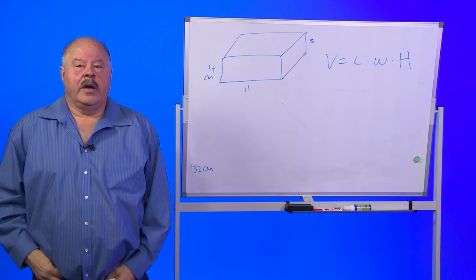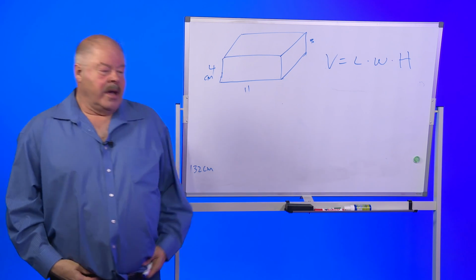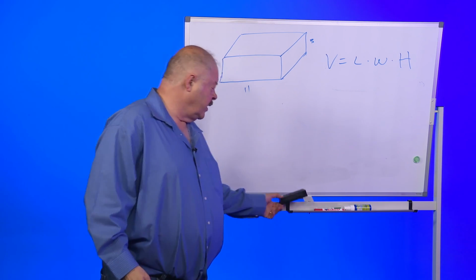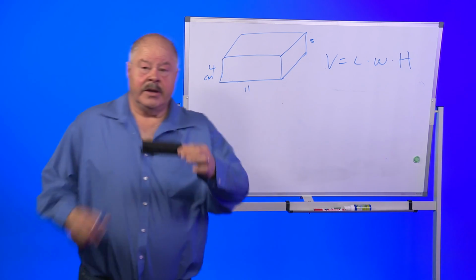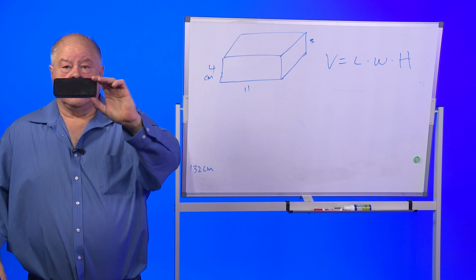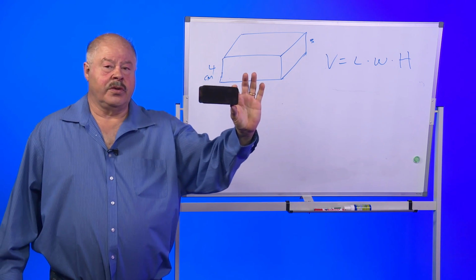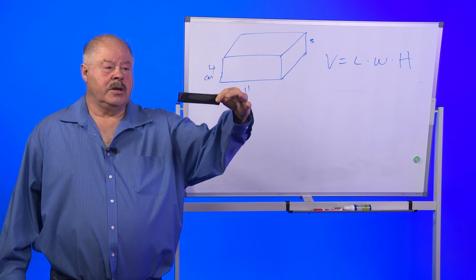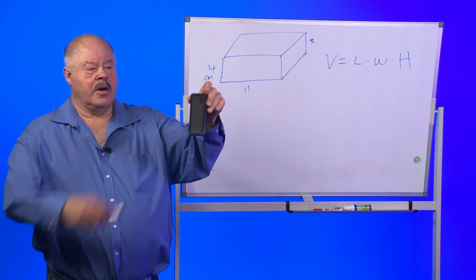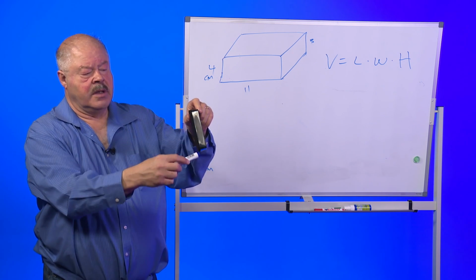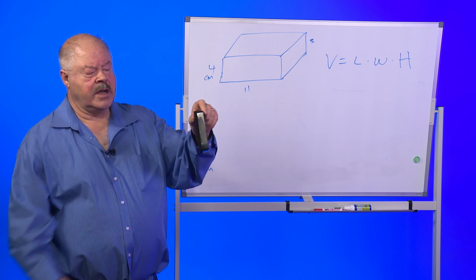So here we have a rectangular prism. A rectangular prism would be something like, here's the cleaning brush for the board behind me, and you notice that it's a rectangle shape, but then it also has thickness or height.